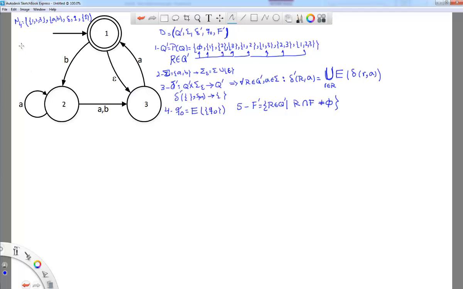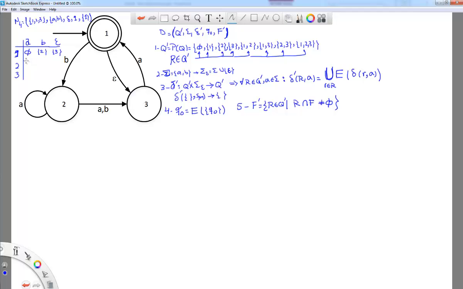First thing, I'm going to write down again the transition function of my NFA. So for A, for B, and for epsilon, states 1, 2, and 3. So 1 over A goes to nothing, over B goes to set 2, over epsilon goes to set 3.